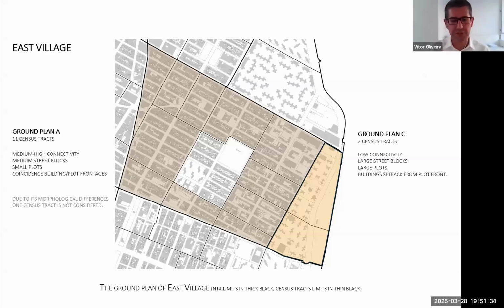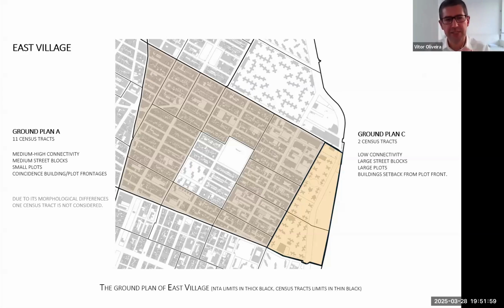And of course, I cannot go through all these case studies, so I will only use East Village in Manhattan to illustrate the process. And it is like that in all the other four. So the first thing is to distinguish different ground plans.